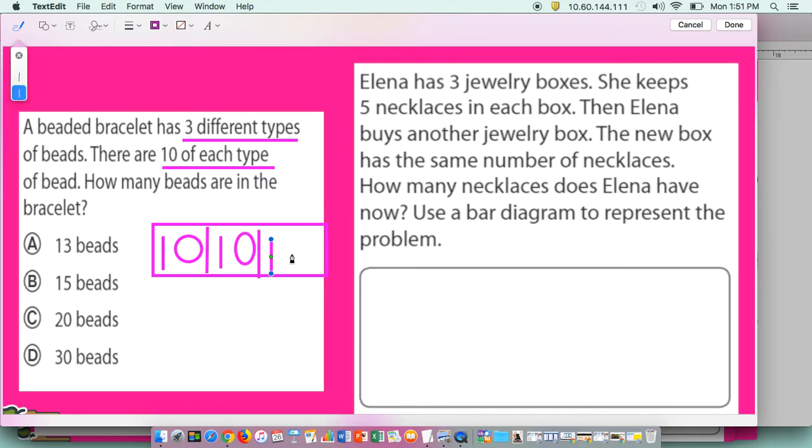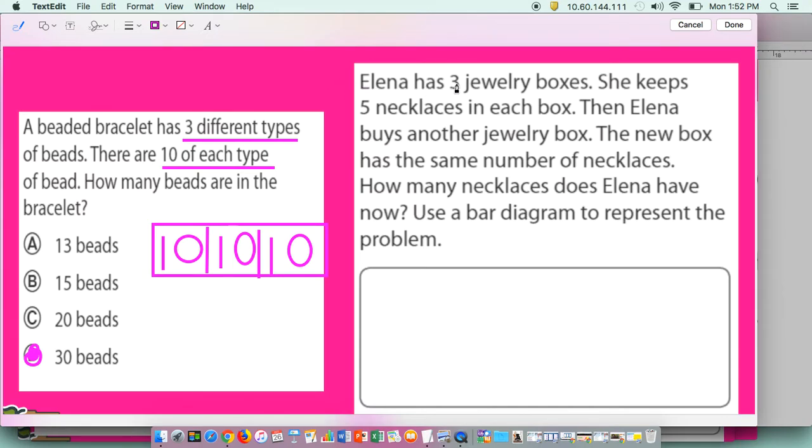So what we have to do now is count by tens. 10, 20, 30. So our answer is D. Make sure you are pausing it before I give you the answer so you can check your work. Pause if you are still working on the other questions.